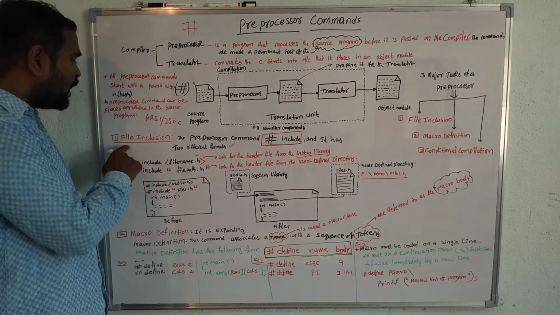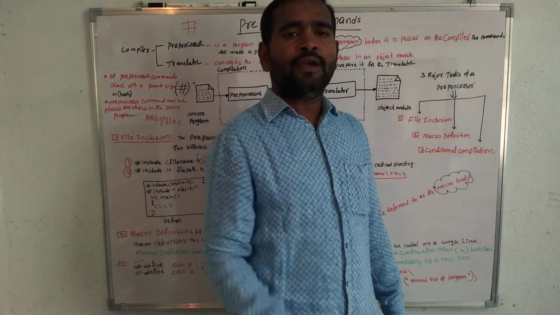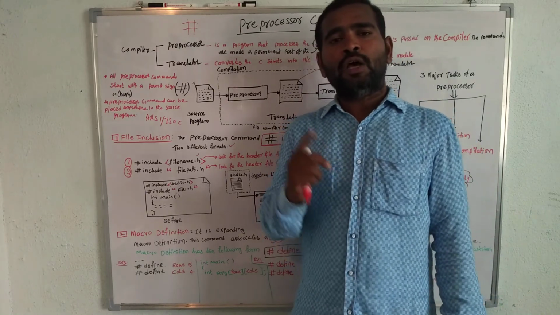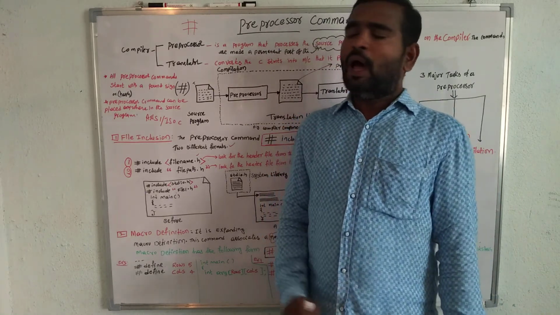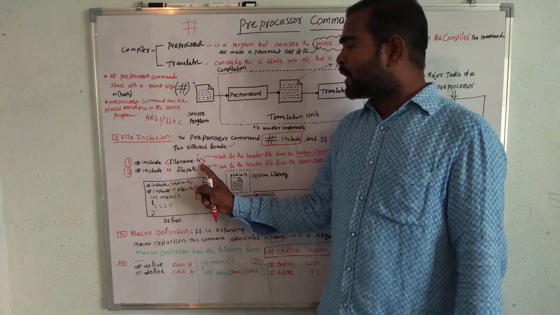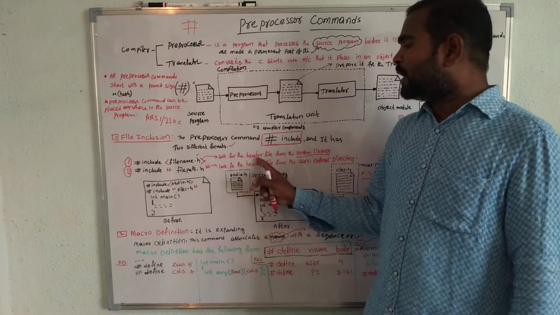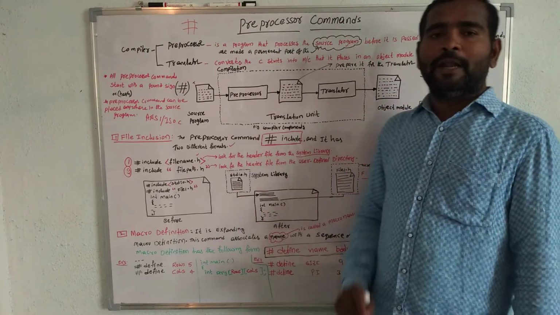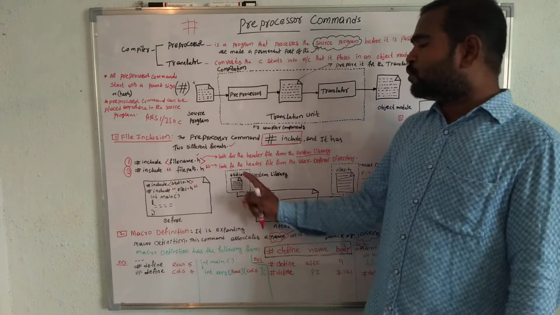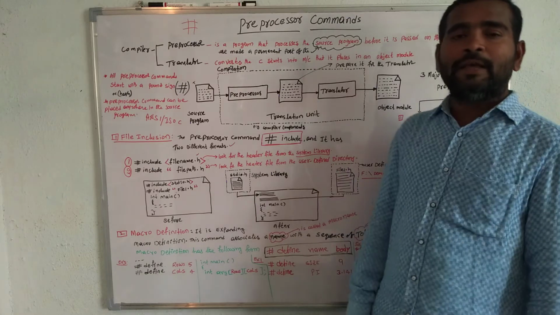So this is called file inclusion. Here we have two different formats. The first format is hash include within angle brackets, and the second within double quotation marks. If you mention angle brackets, look for the header file in the system library. If you mention double quotation marks, look for the file in the user defined directory.